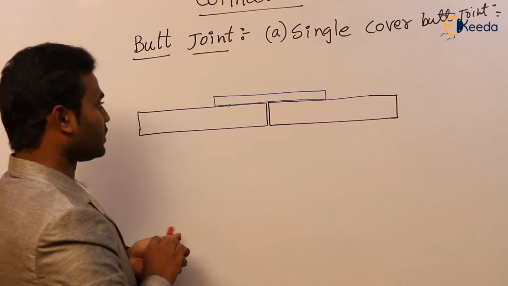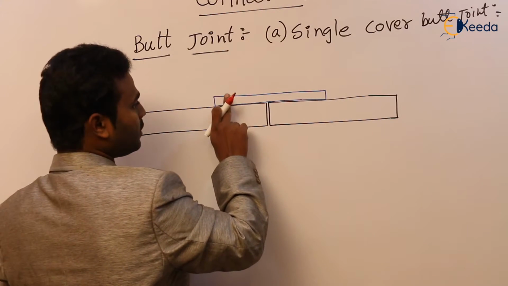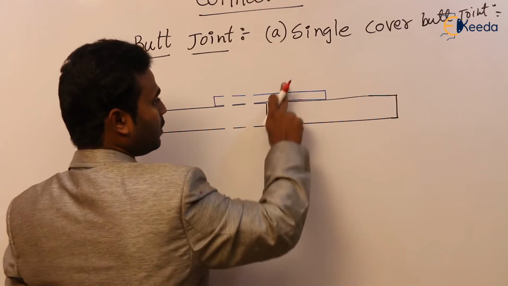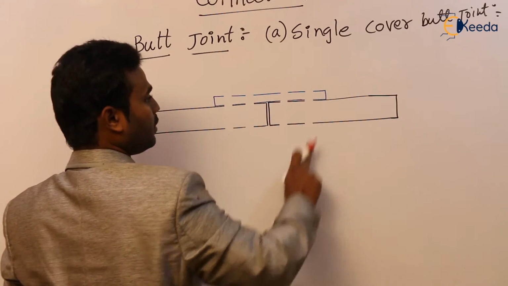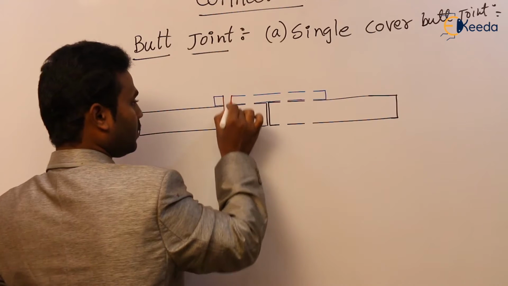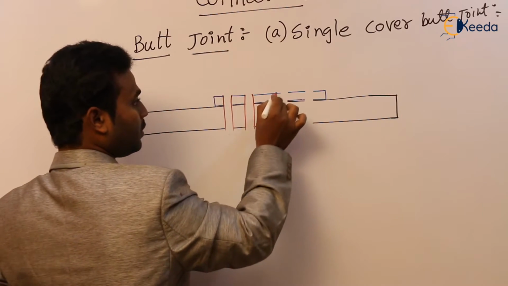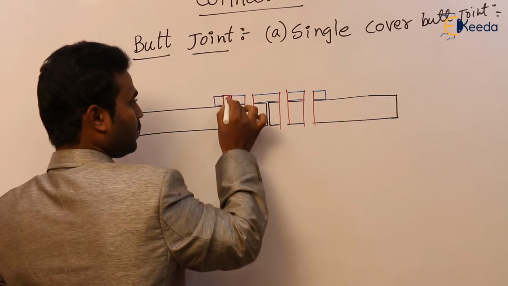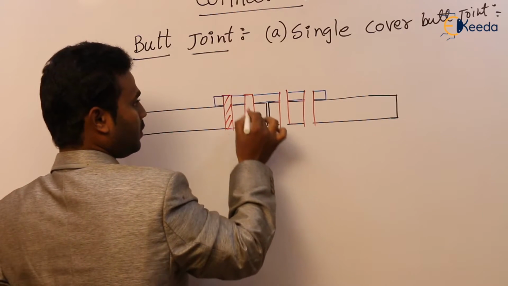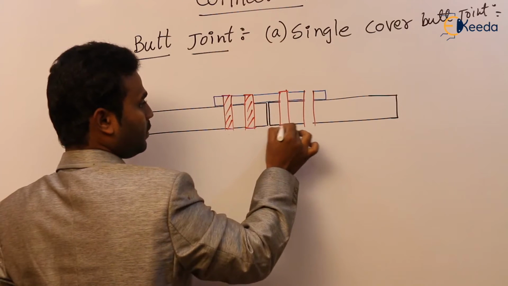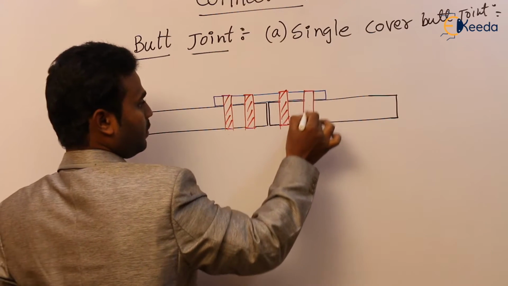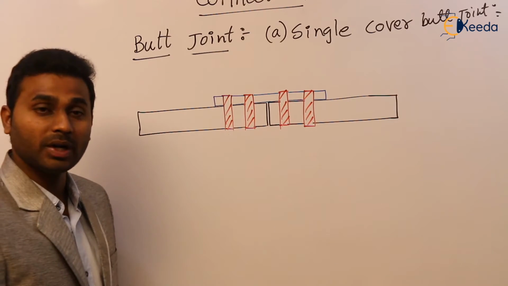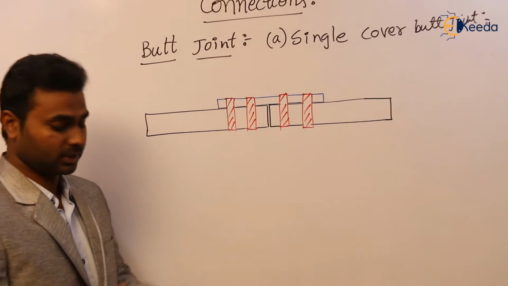After providing this, we make the holes. This is how the connection can be made by using single cover butt joint.